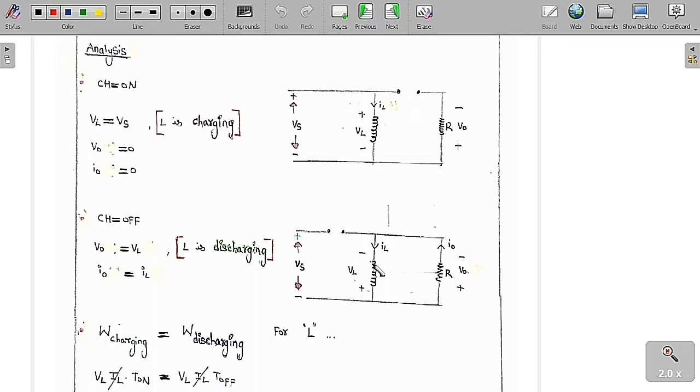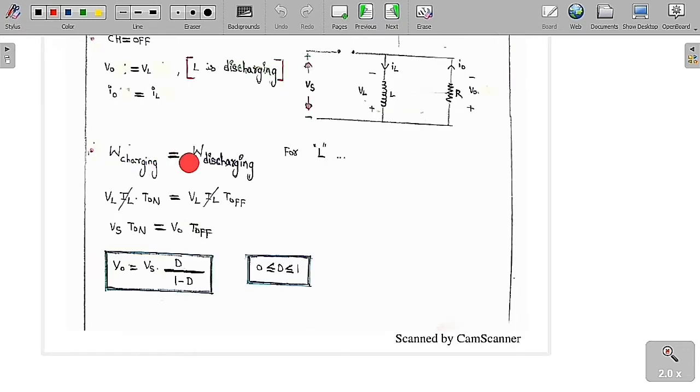You can see clearly the inductor current is equal to the output current. Now we are going to apply that the energy stored in the inductor during the charging mode and the energy discharged by the inductor during the discharging mode should be equal. When the chopper is on, the inductor is charging, so VL IL T on is equal to the energy discharged by the inductor when the chopper is off, which is VL IL T off.